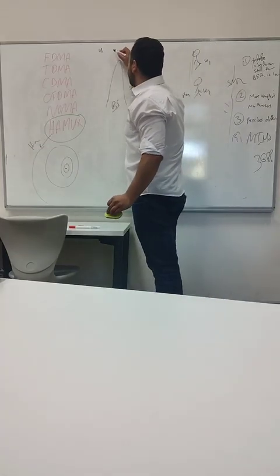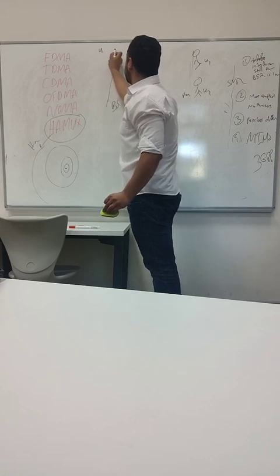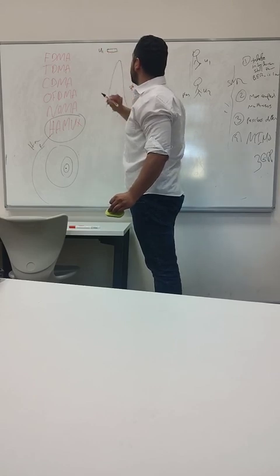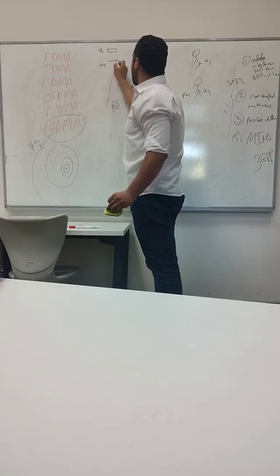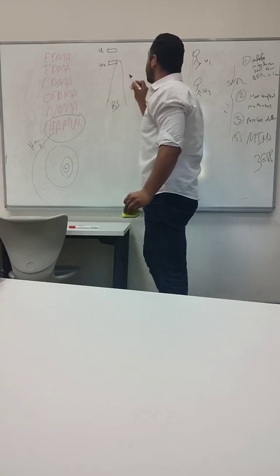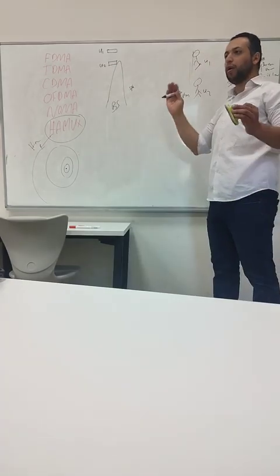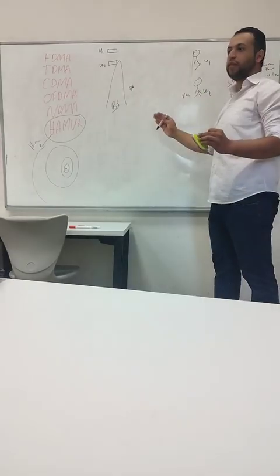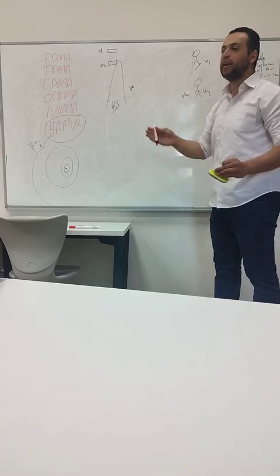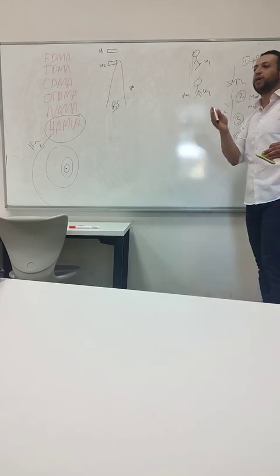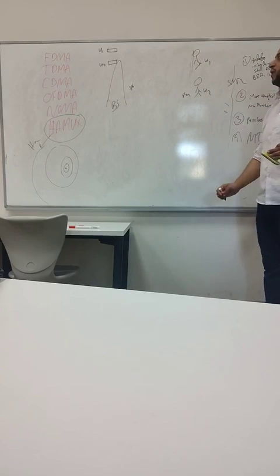We have user 1 data here, and we have user 2 data, and we want to send these two data blocks to two users simultaneously, at the same time, using the same frequency, without wasting resources.